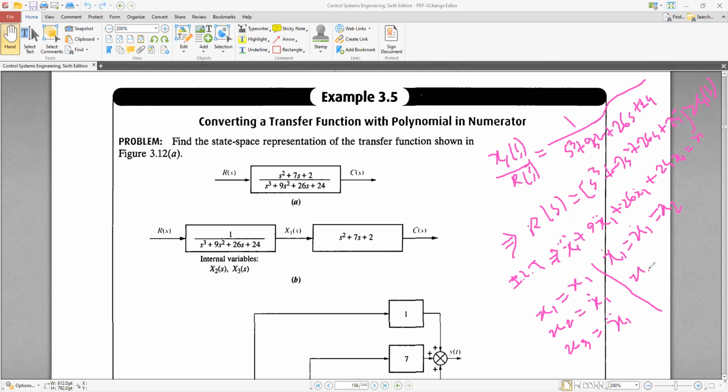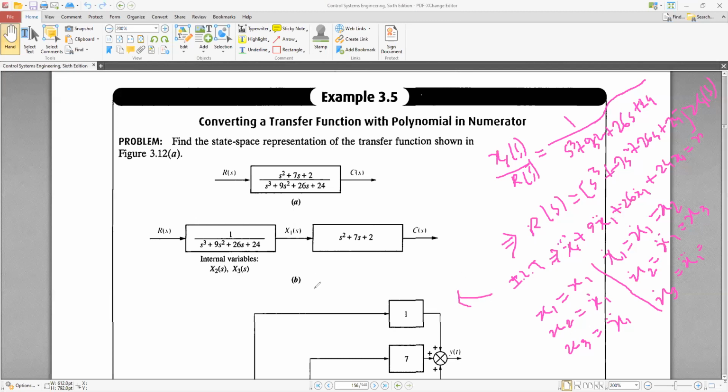And x2 dot, which is equal to x1 double dot, is equal to x3, and x3 dot means the x1 triple dot. So x1 triple dot means what?